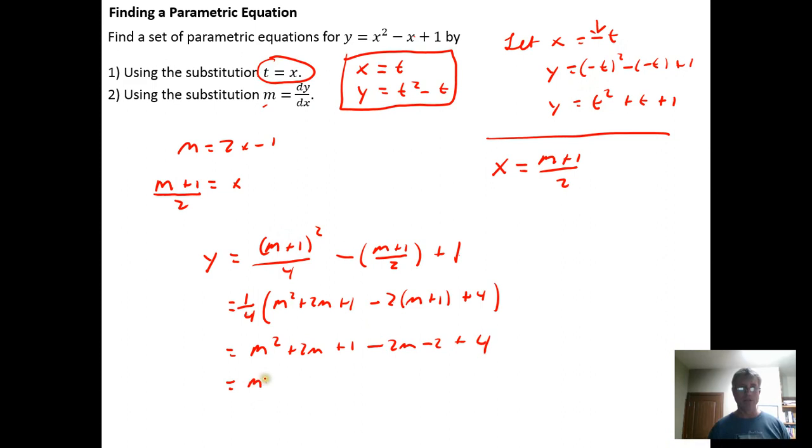And what's that going to do? It's going to give me an m squared. 2m minus 2m is 0. And we get 1 minus 2 is negative 1. And negative 1 plus 4 is 3. So we get m squared plus 3 if I didn't make an algebraic mistake. And this is all supposed to be times the 1/4. I don't want to lose my 1/4. So here I have another parameterization of this rectangular function.